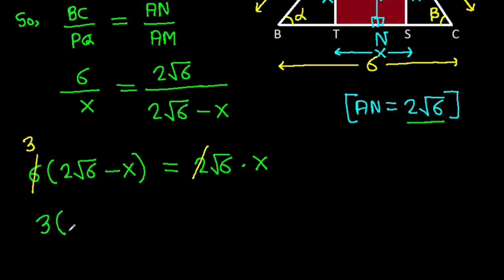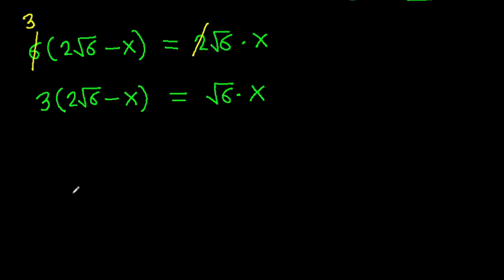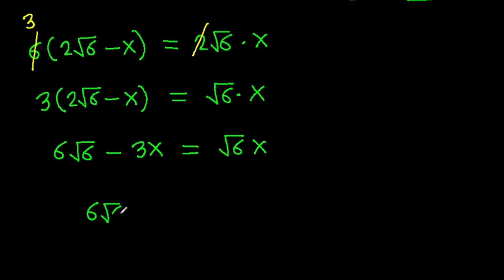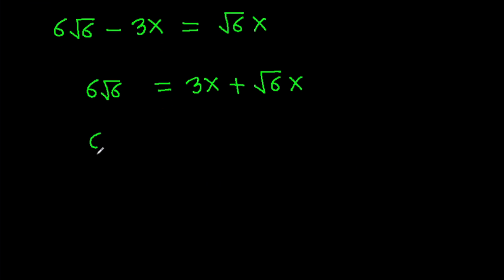So 3 times 2 root 6 minus x is root 6 times x, and it is 6 root 6 minus 3x is equal to root 6 x, and 6 root 6 will be 3x plus root 6 x, and 6 root 6 is x times 3 plus root 6.